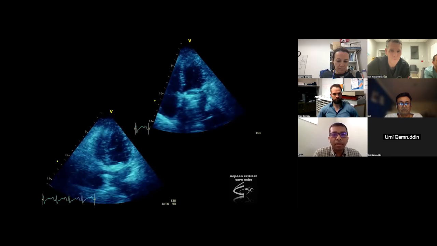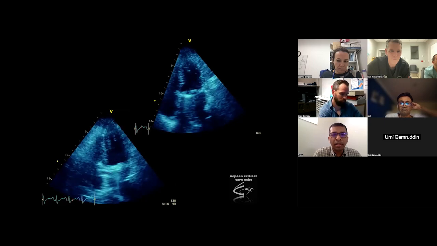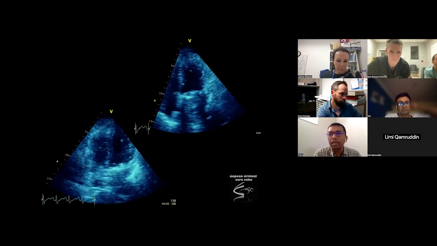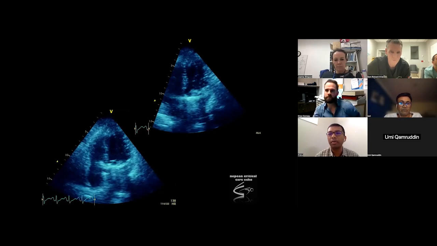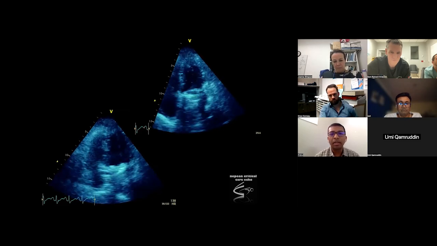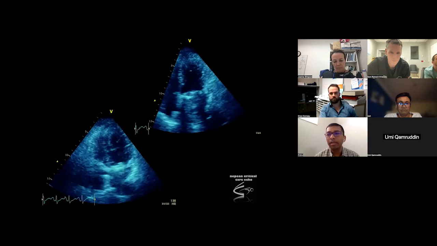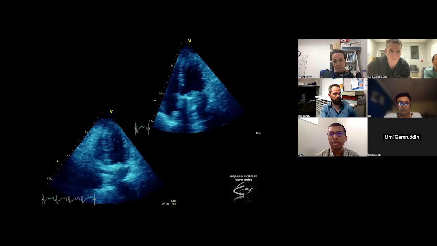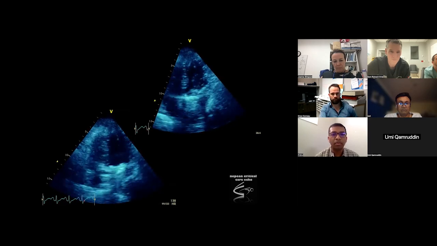I'm unable to look at the left atrium properly because of the shadowing from the valve, but I would think there would be a dilated left atrium because the valve looks pretty completely occluded.